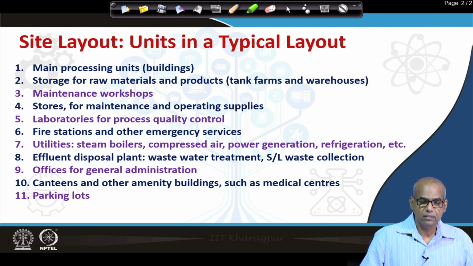So, these are the typical units that you will be placing in a layout.